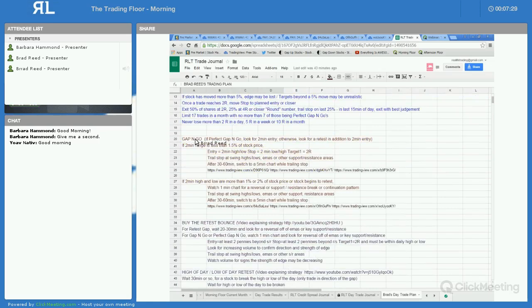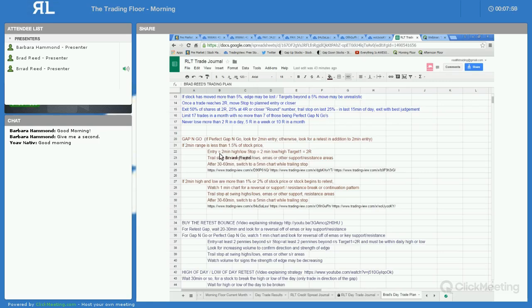To learn what a gap and go is and what a perfect gap and go is, go to the day trading videos on the Real Life Trading website, and it'll teach you there. But basically, if it's a perfect gap and go, I look for a 2-minute entry. If the 2-minute range, the high minus the low, is less than about 1.5% of the stock price, then my entry is the 2-minute high or low, and the stop is on the other side.